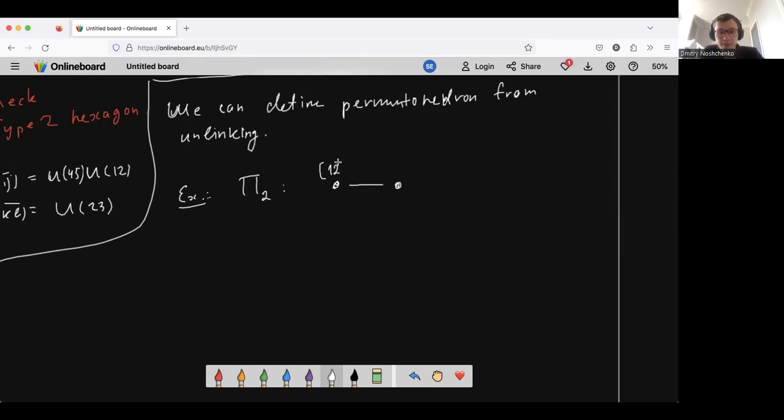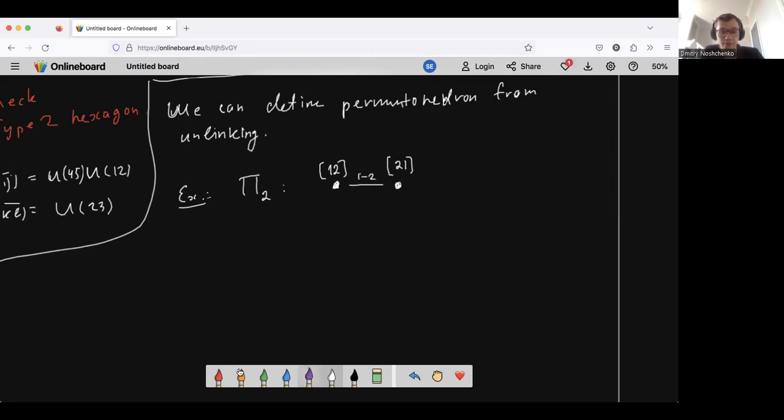So this is just the notation of permutohedron. We have nodes which are organized by these tuples. And for example, if you have a permutation here, we have a permutation 1, 2. So pi 2 essentially is a pair of nodes connected by an edge.